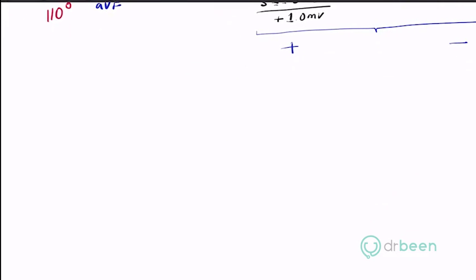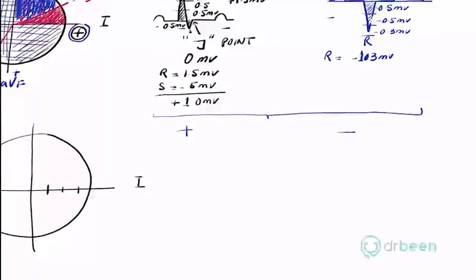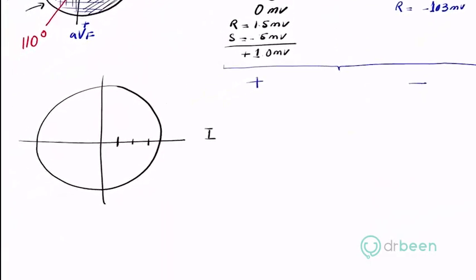So let's do that. Now what was the value on the lead 1? It was 1 millivolt. So let's say 1, 2, 3, this is the 1 millivolt. What is the value on the lead AVF? It is minus 1.3 millivolts.